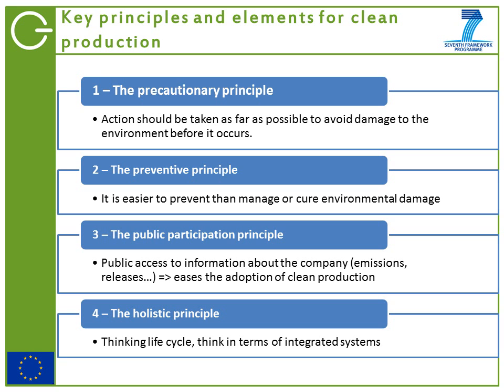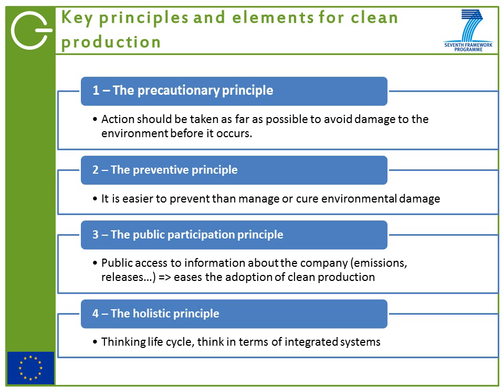To improve the environmental impact of the manufacturing phase, a few principles should be considered. The first one is a precautionary principle. All precautions should be taken to avoid damaging the environmental performance before the damage occurs. The second one is a preventive principle. It is better to prevent damage than trying to mitigate the effect afterwards.